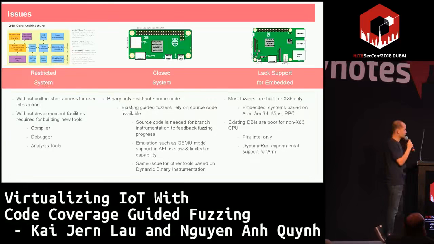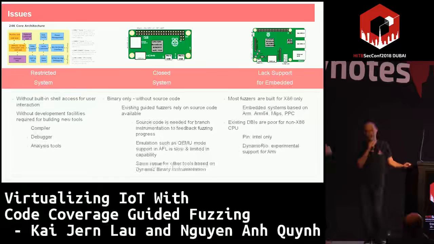The second issue is that embedded systems usually come without source code, but all the existing guided fuzzers like AFL rely on the source code being available, so they can build the instrumented program based on that.